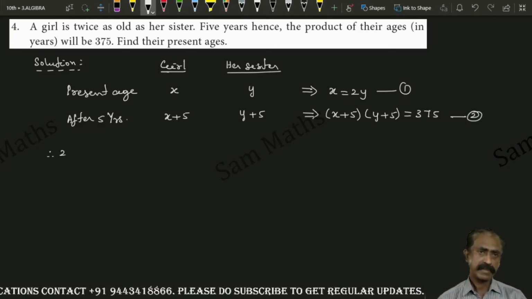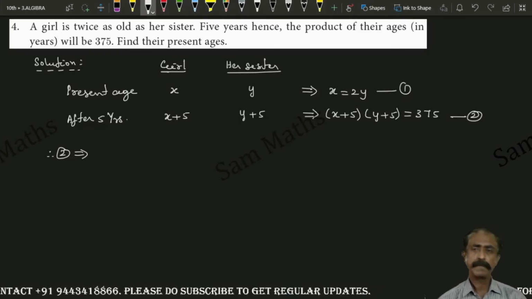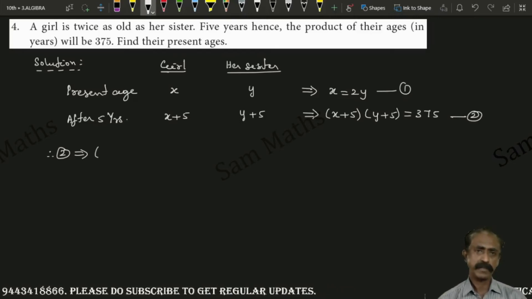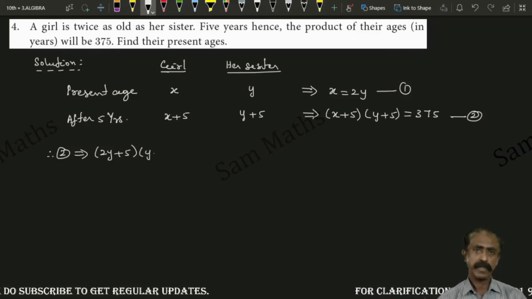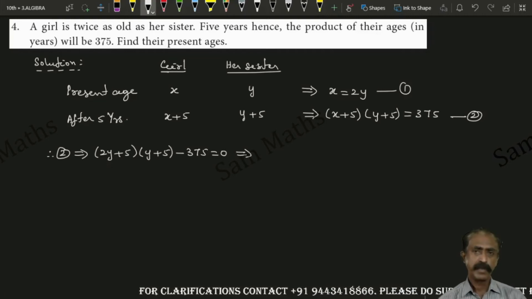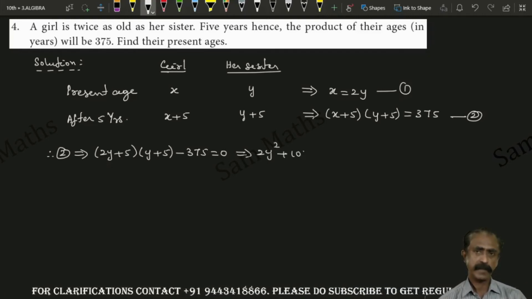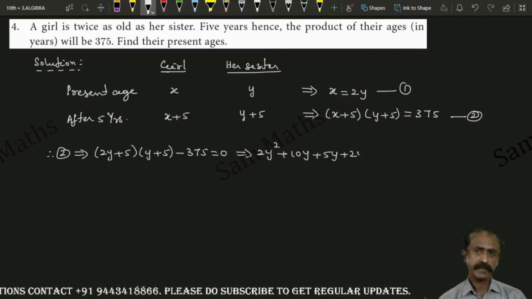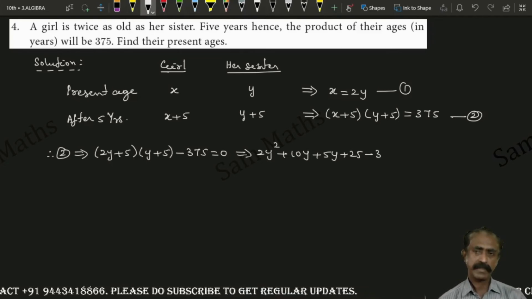Therefore, the second equation implies x is equal to 2y. Therefore, it becomes 2y plus 5 into y plus 5 minus 375 equal to 0, which implies now you take the product: 2y square plus 10y plus 5y plus 25 minus 375 equal to 0.